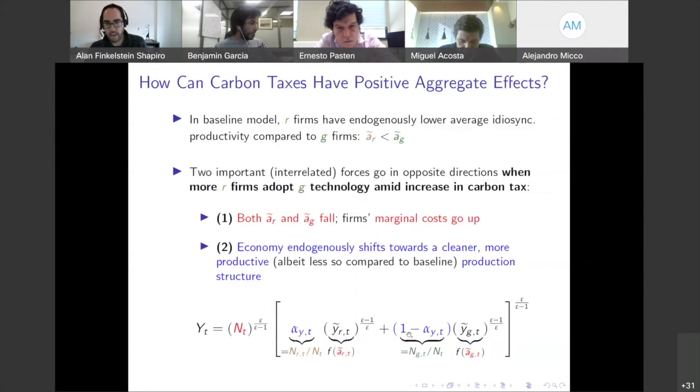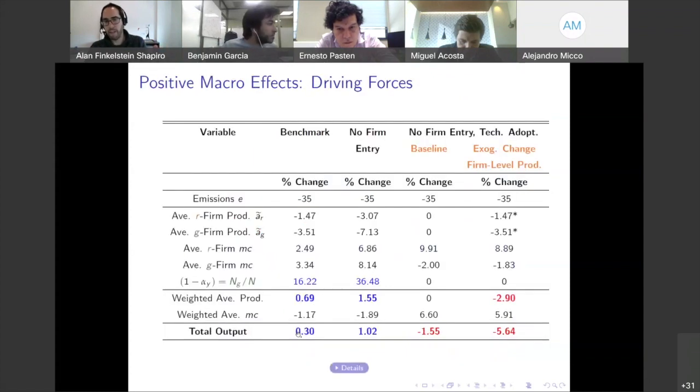Because again, this alpha Y is fixed. It doesn't respond to policy. But the change in the marginal cost is. So here with the policy, you end up increasing the weighted average marginal cost in the economy, which implies that overall production is going to fall.